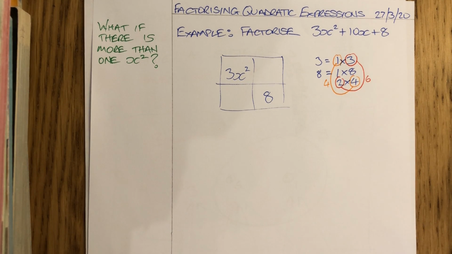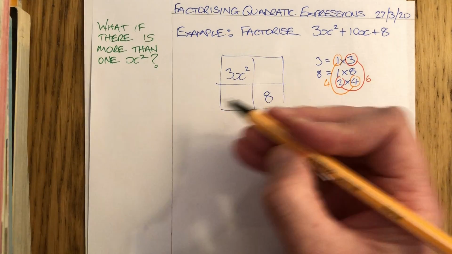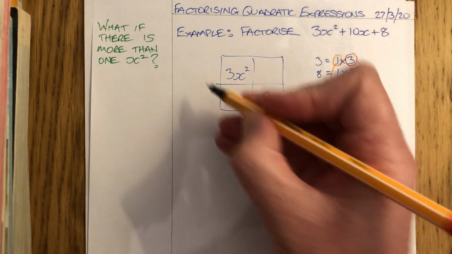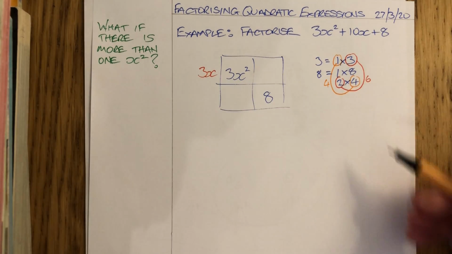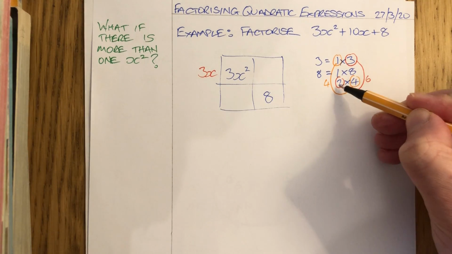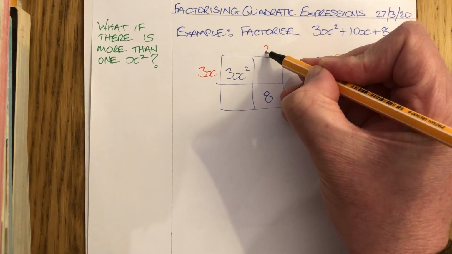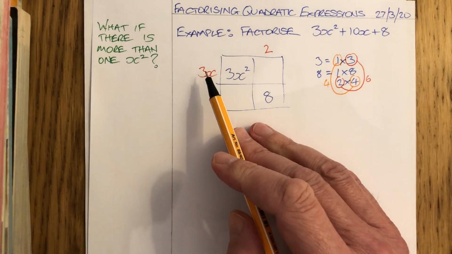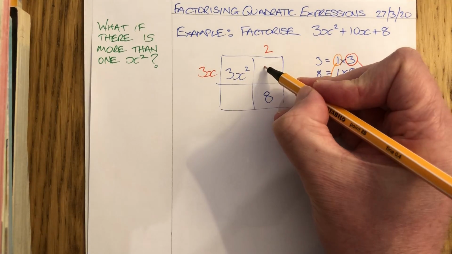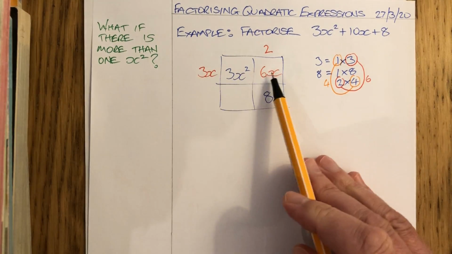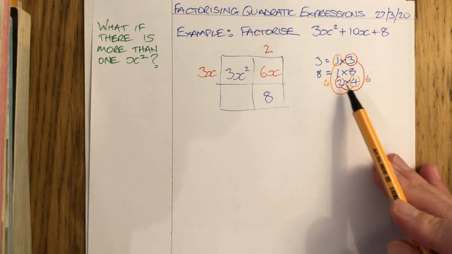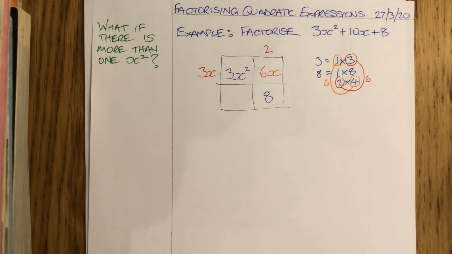How does that work in the grid? Well, this 3, I'm going to put 3x here, and that 3 is multiplied by this 2, so I'm going to put 2 here, and 3x times 2 is going to give me 6x in this box here, and I'm using red here so you see all the numbers that go together.